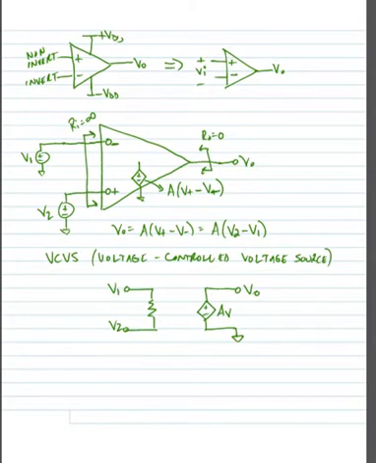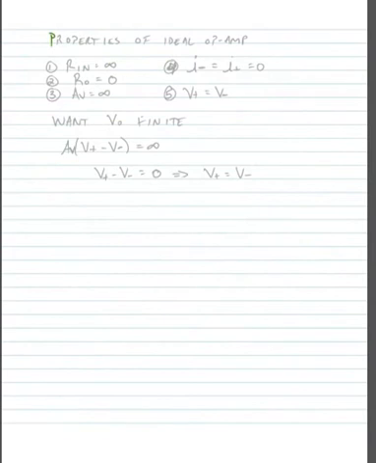Alright, so thinking about the properties of an ideal op-amp, we can now start to list these. So we know that our input resistance is equal to infinity, and this leads to our second property. If our input resistance is equal to infinity, that would mean that the current flowing into the terminals I minus and I plus is equal to 0.